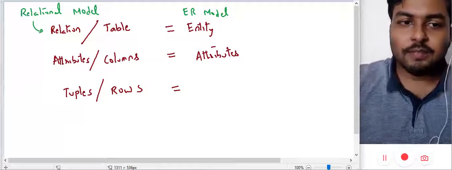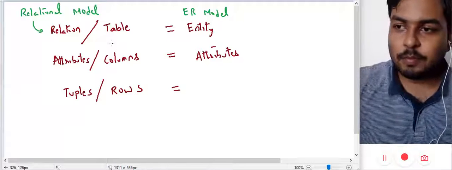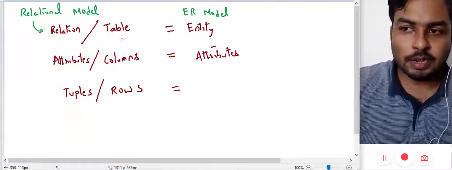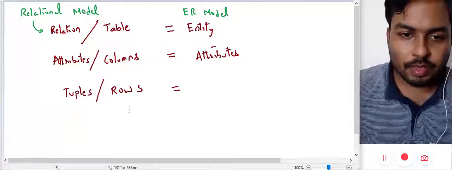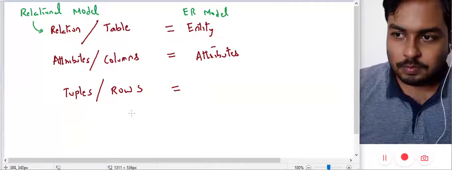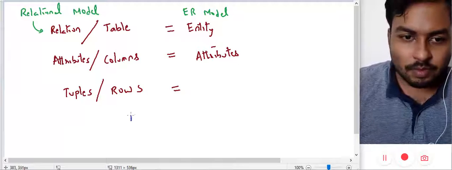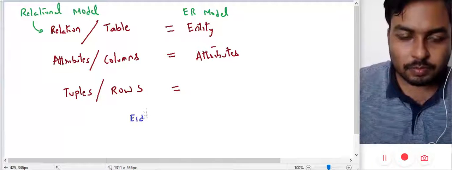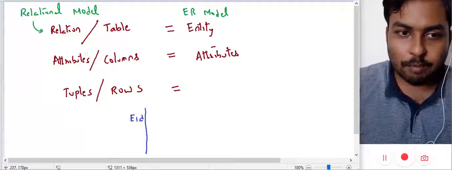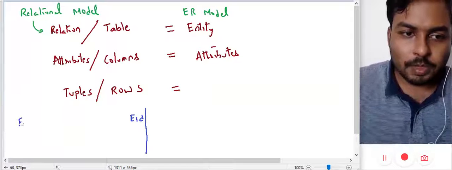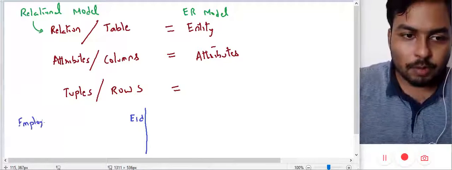So if I have an employee table or an employee relation, let's take an example. I'm drawing an employee relation. What will it have?